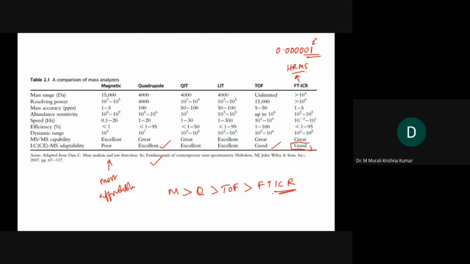Okay, FTICR alone. So FTICR containing mass spectrometer will cost about 2 crores. Whereas magnetic sector containing mass spectrometer, even if it is integrated to GCMS, costs about 25 to 40 lakhs. Complete setup along with GC. Okay, so that's the reason why this is the most affordable mass analyzer.